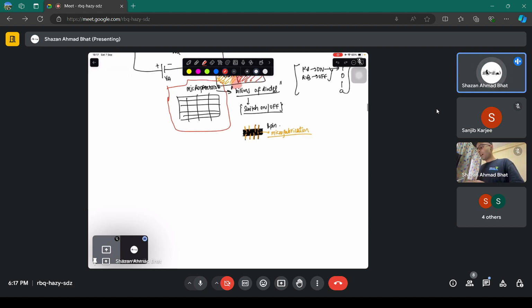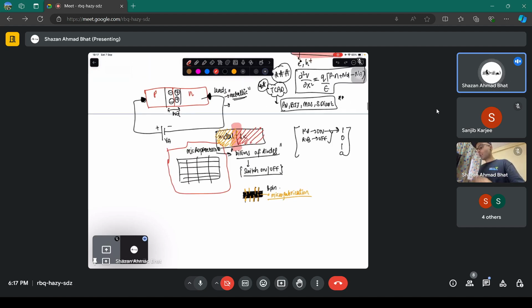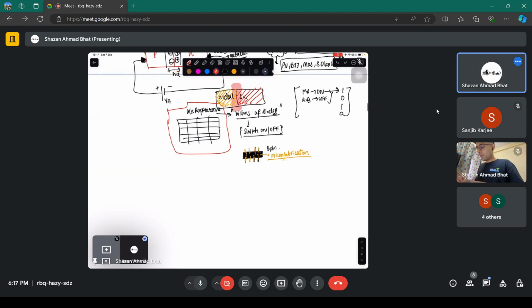So now we are going to dive into this particular scenario. What is going to happen when you connect a metal to a semiconductor? That will be our topic of concern today: metal-semiconductor junctions.